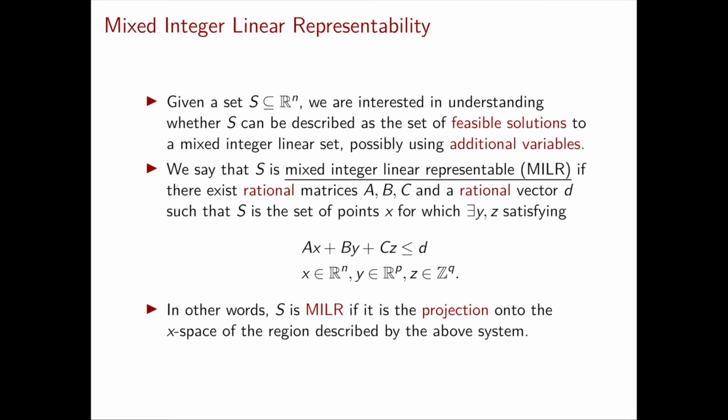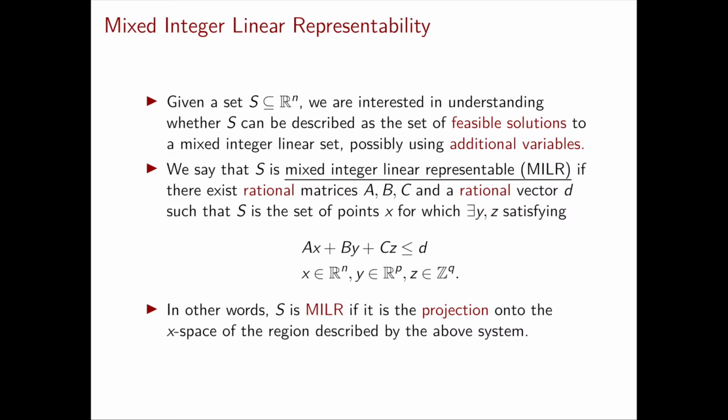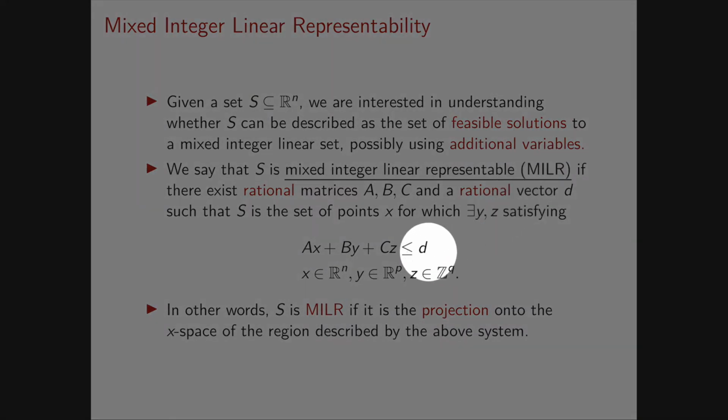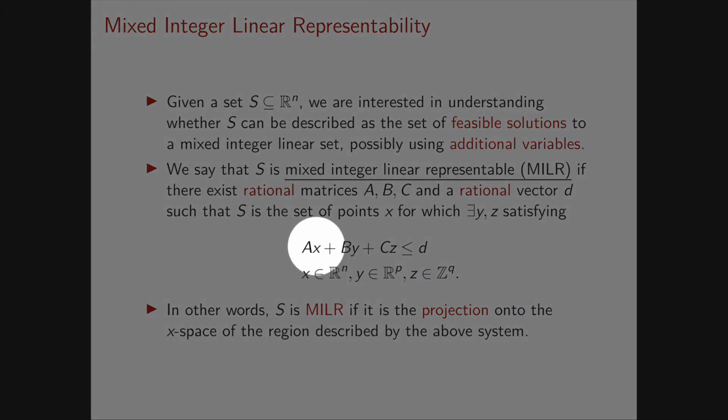So we now give the definition that is at the heart of this section. We say that the set S is mixed integer linear representable, and we're going to write in short MILR, if it is the projection of a set of points that can be written in this form with rational data. So what is this form? Well, we have a bunch of linear inequalities in a space that contains the x variables, which are the variables where the set S lives, and then we're allowed to use auxiliary variables y and z.